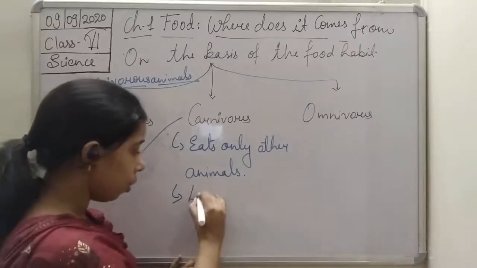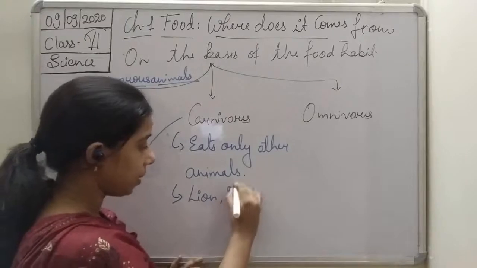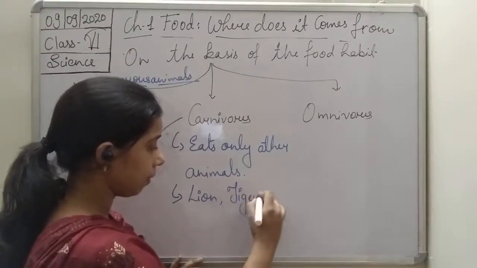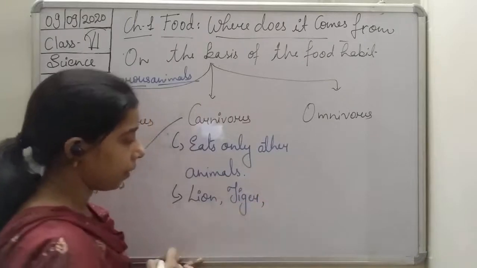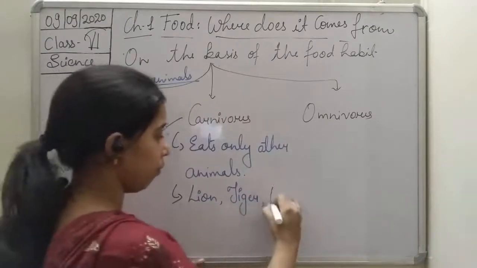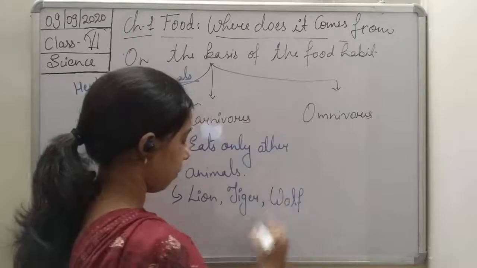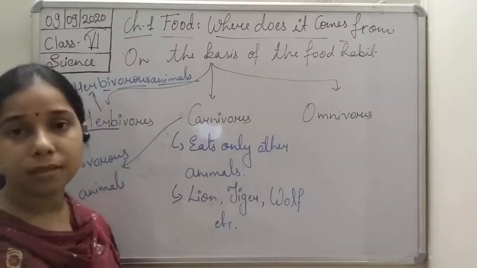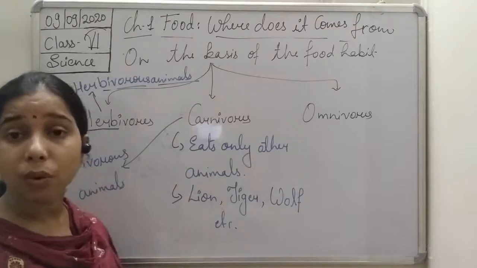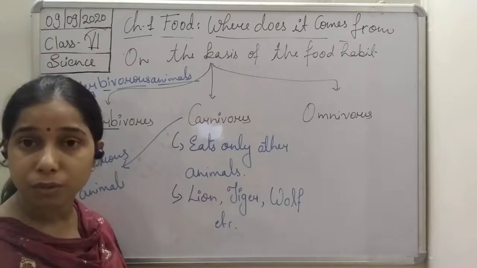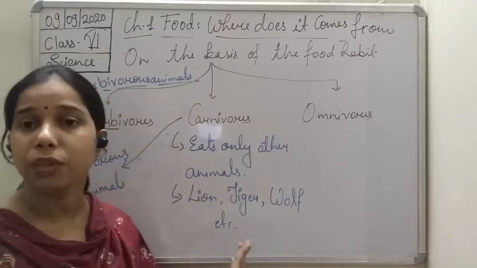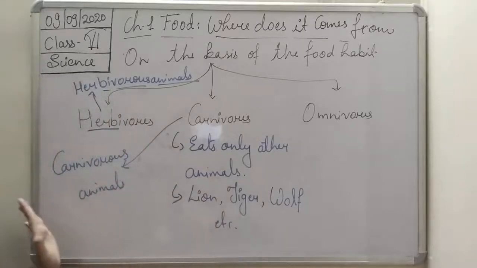You see, lion is there, tiger is there, then wolf is there, etc. A lot more examples are there, students, which eat the other animals, and such type of animals we call carnivorous animals.